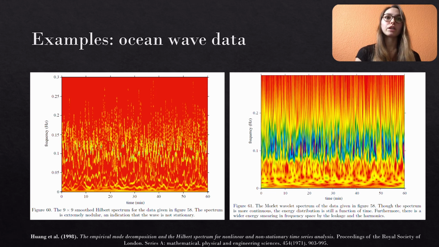So it must project the ocean data onto these orthogonal and periodic bases. But for highly non-stationary and non-periodic data like the ocean wave signal, this is quite challenging. So the Fourier transform must introduce additional harmonics that are not physically contained in the data, but serve the purpose of fitting the periodic functions to the non-periodic data.